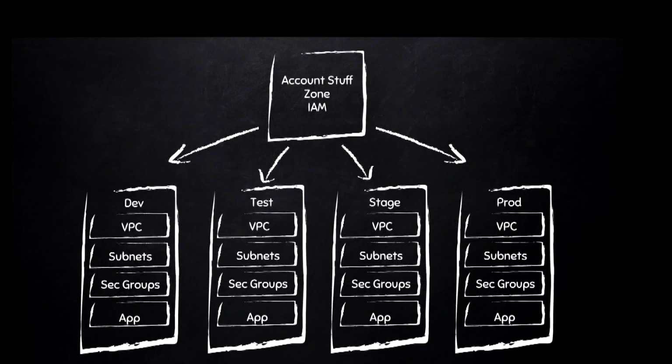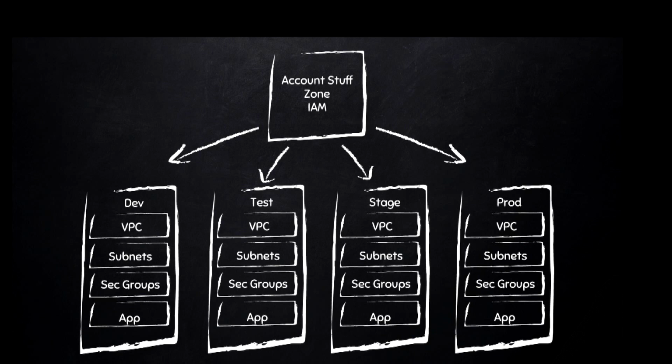So let's say we have an environment that looks like this. We've got this stack at the top that has a bunch of account stuff, might have our zone in it, some IAM, etc. We've got lots of other stacks below it, as here at RightBrain we use a nested pattern. So we've got a dev stack that has a VPC, subnet, security groups, and an application, things like that.